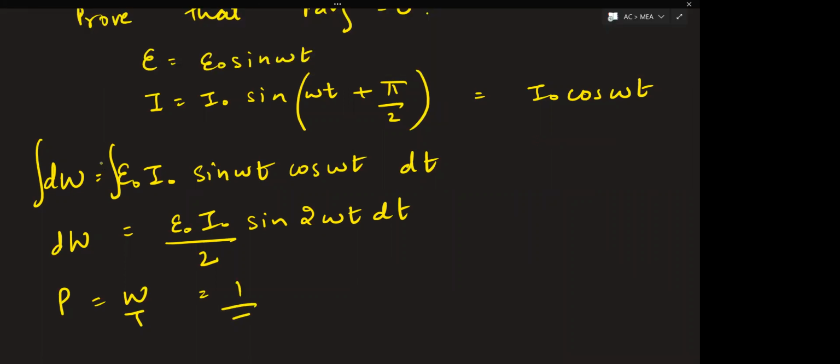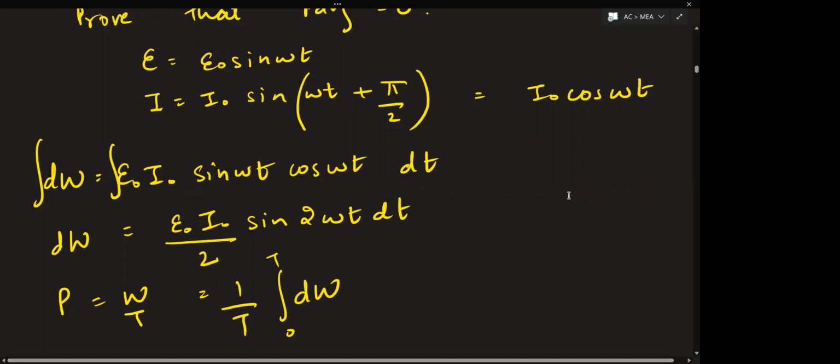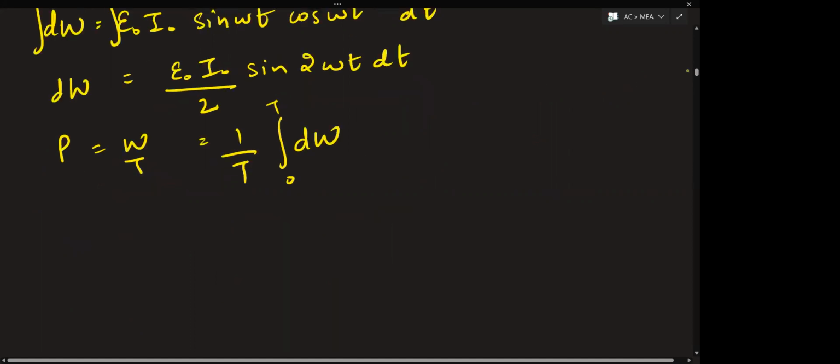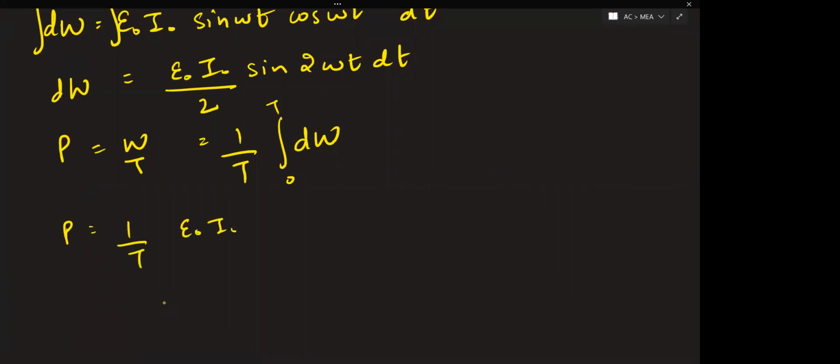If you have 1 by T over here, this will be the integration of dW from 0 to T, because obviously we have not integrated this side yet, just written it. So for integration, let's write the value of dW. Power becomes 1 by T, with E naught, I naught divided by 2, and integration from 0 to T of sine 2 omega t dt.